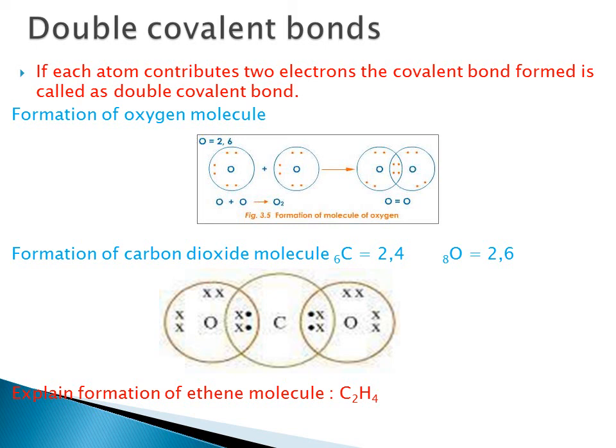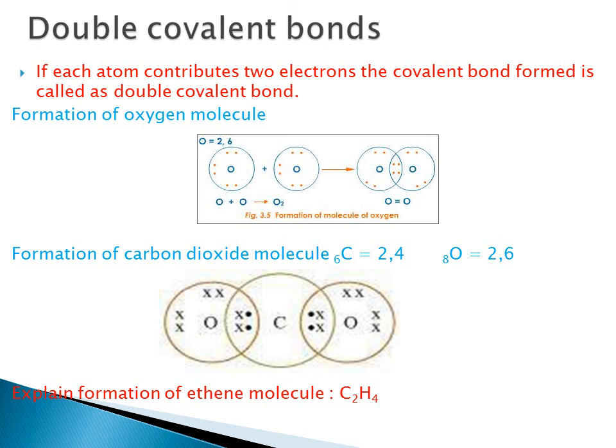Because between each carbon and oxygen atom, we can clearly see 2 shared pairs of electrons. So after sharing, oxygen has 8 electrons in its valence shell, and so does carbon. As a result, both the atoms are now bonded due to sharing and a stable molecule of carbon dioxide is formed.